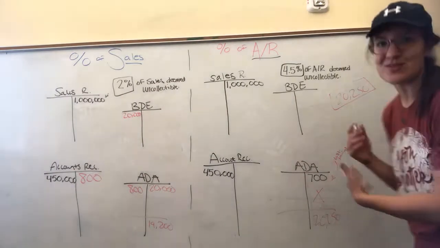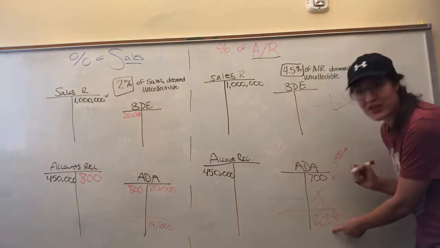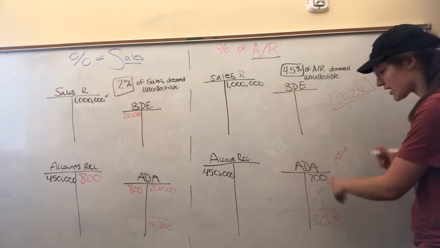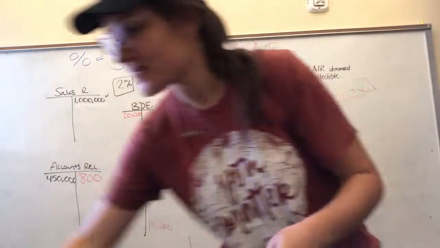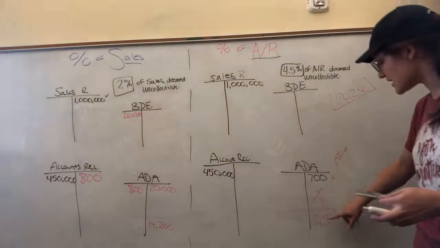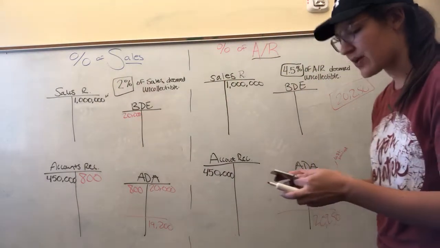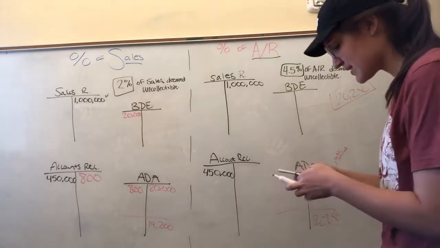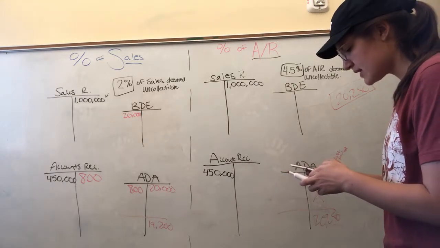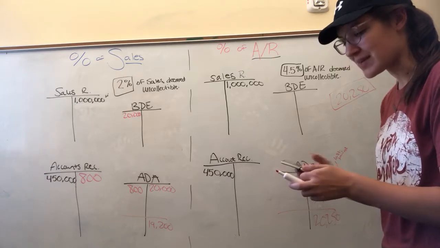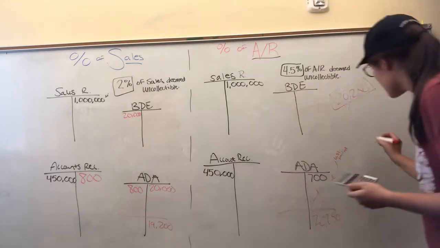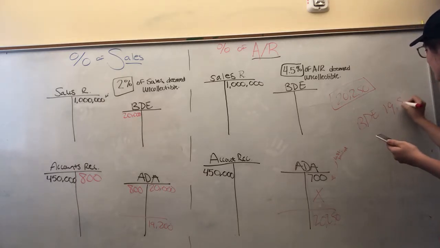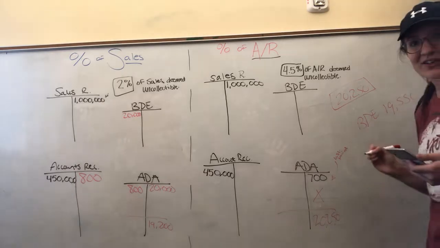So what we get to do now, since this is not a journal entry, but a way to find the number that is, we're going to work backwards and figure it out. So, what do we need this X to be for our ADA account to end at $2250? And so I'm just going to subtract $700, my beginning balance, from it, and I get bad debt expense of $19,550.